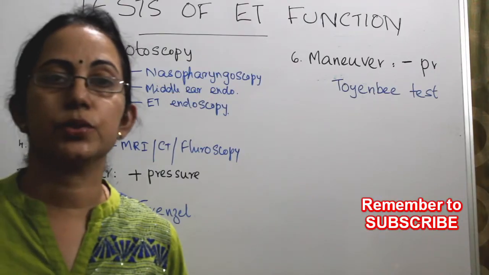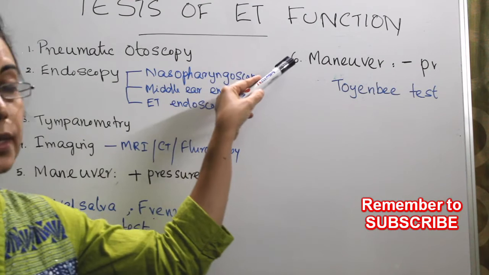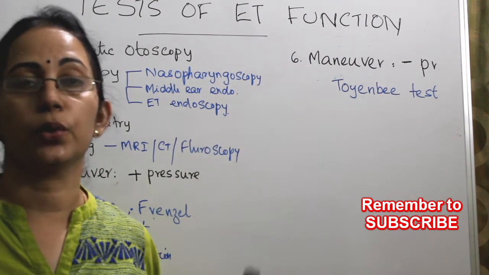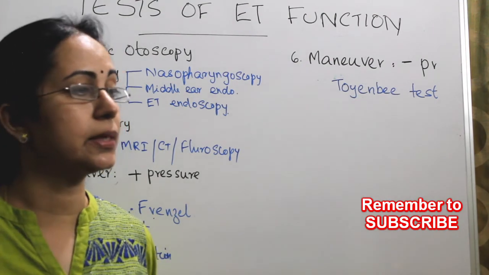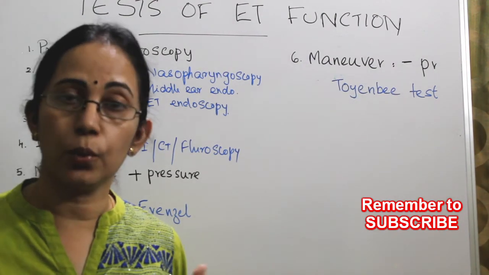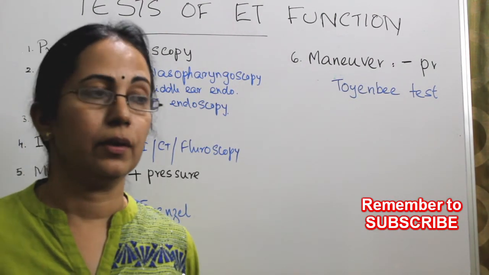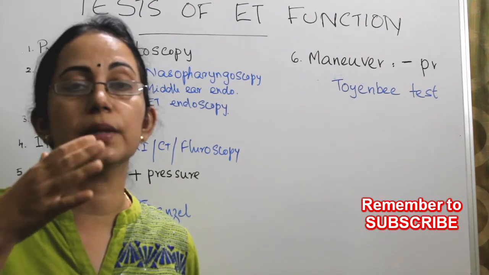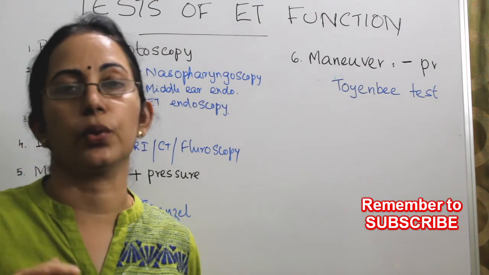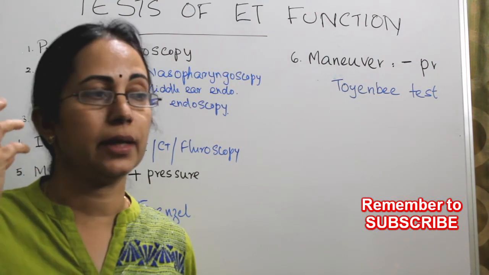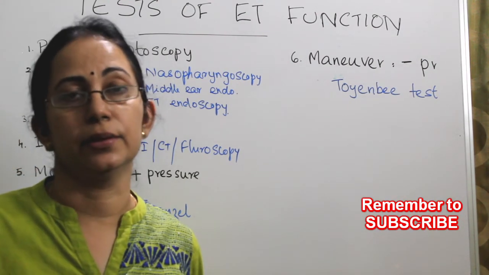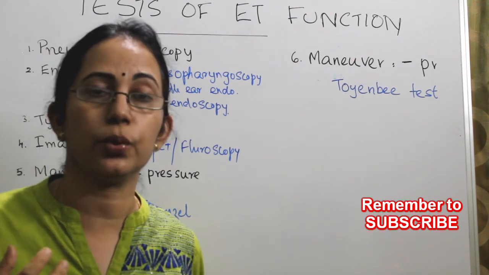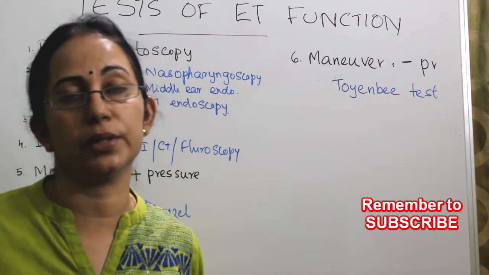Okay. The next one is a maneuver which produces a negative nasopharyngeal pressure, and that is the Toynbee test. This Toynbee test is considered to be more reliable than a Valsalva. Here, the patient is asked to swallow while keeping the nostrils pinched. Swallowing, so what will happen? The air from the middle ear is sucked through the Eustachian tube into the nasopharynx, so that using an otoscope you can see the inward movement of the tympanic membrane.